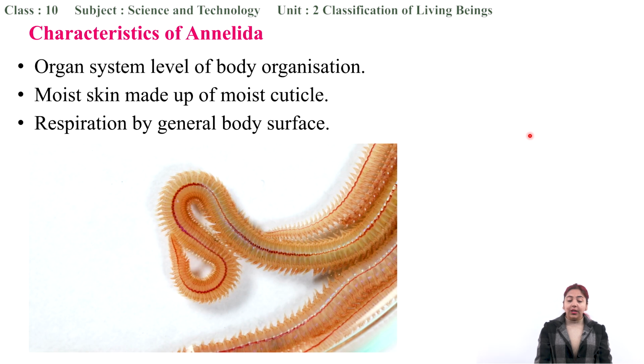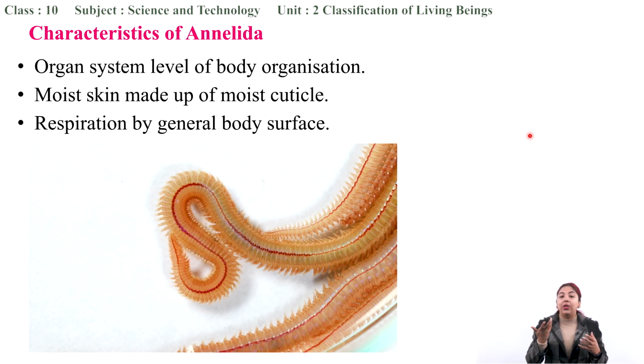Now, they respire through the general body surface. That is why their skin should be moist, so that the oxygen can dissolve in that moisture. Now, if the earthworm is placed in the sun for a longer period of time, it dies. Why? Due to suffocation.